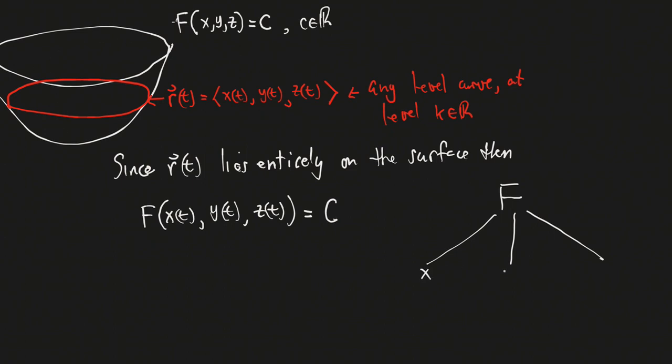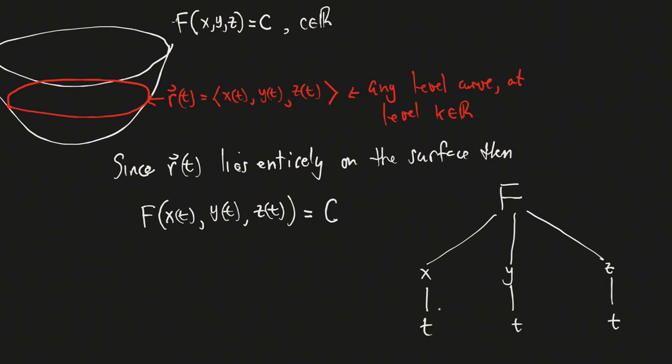They have an x, they have a y, they have a z. But then on any level curve, and again, it could be any of them, I just drew one, but on any level curve, we can express that curve parametrically. So then x will be a function of t, y will be a function of t, and z will be a function of t.